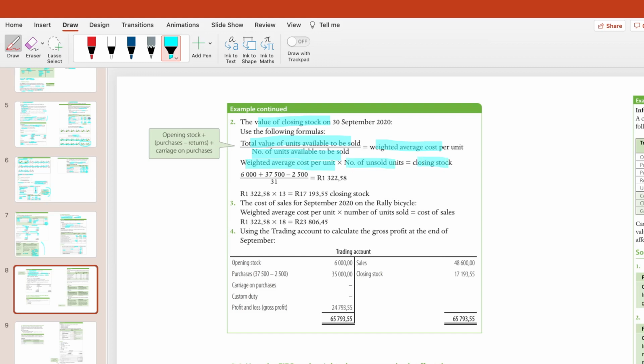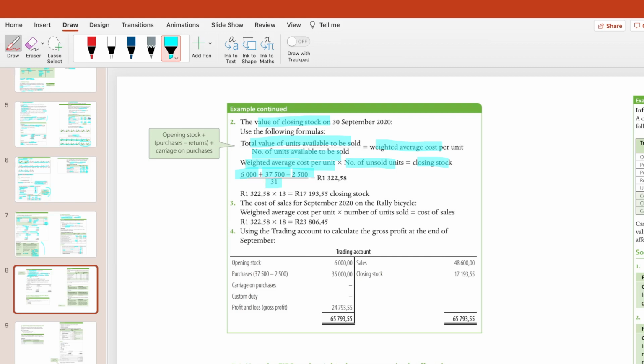These are formulas that you must remember and study. To get the total value to be sold, we take the 6,000 in the beginning plus the 37,500 that we bought minus the 2,500 that we sent back, and we divide it by 31.